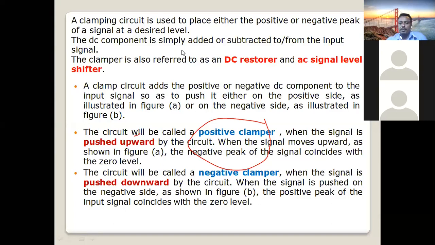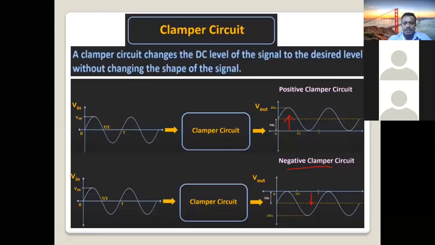It can be pushed to either the positive side or the negative side, as illustrated in this diagram. The first one is a positive clamper, the second one is a negative clamper circuit. I will explain these two circuits later.